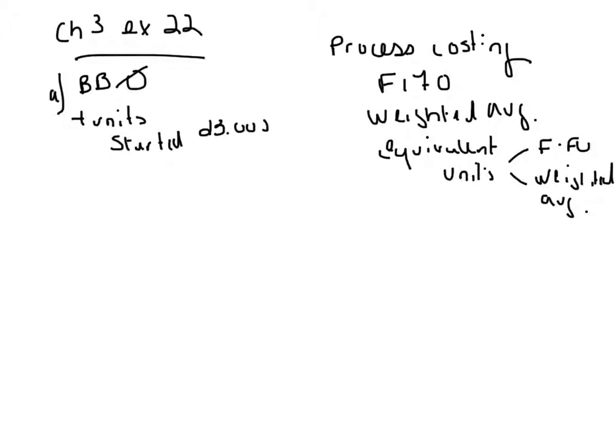It's given in problem 21 when you're looking at this. Then we have the ending units, which is also given in the information in problem 21. It's the ending WIP. So we have to take out ending units, which is 5. We're going to take that right out of there. And then we'll say units completed during the period.